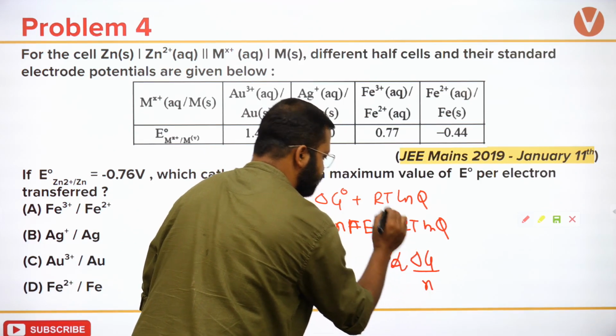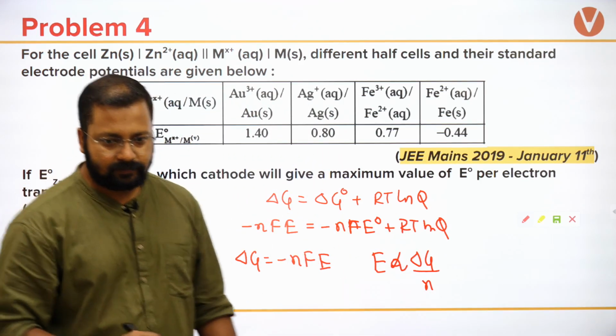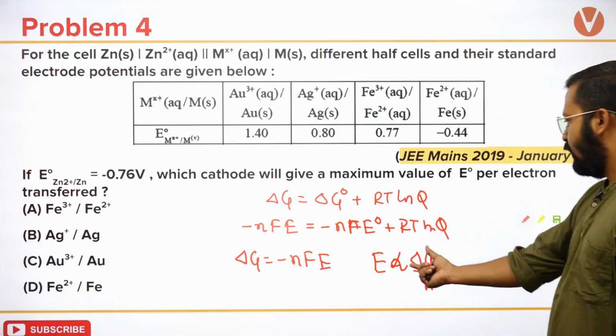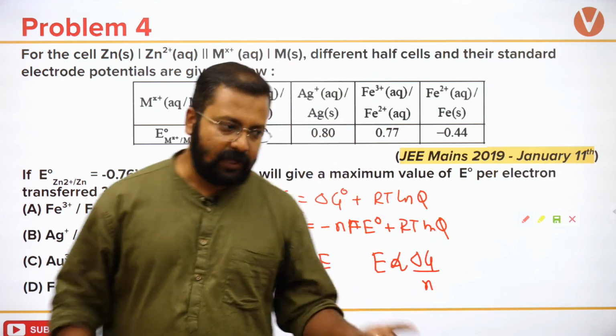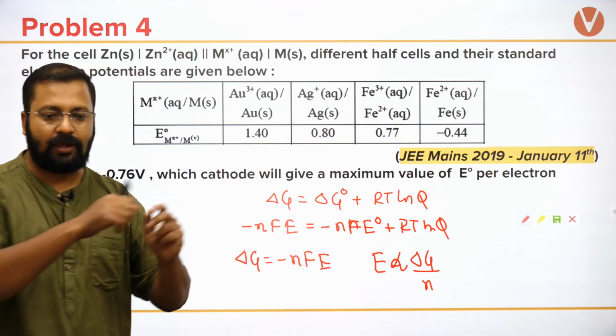E is proportional to delta G upon N. Think carefully.